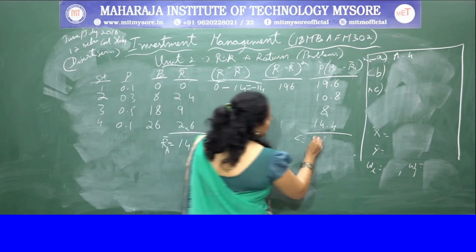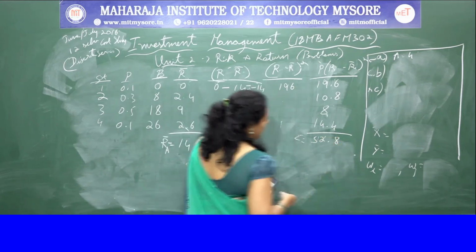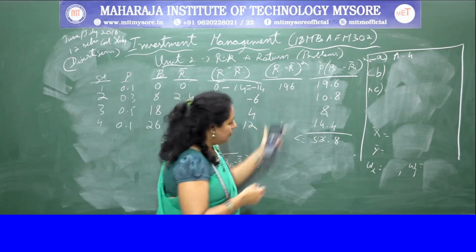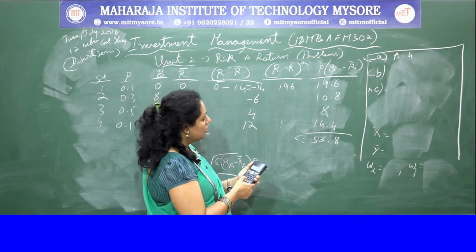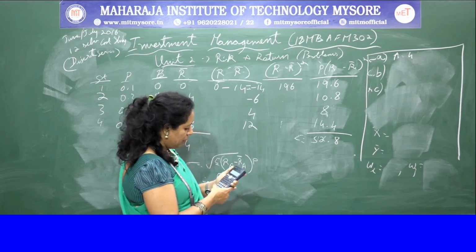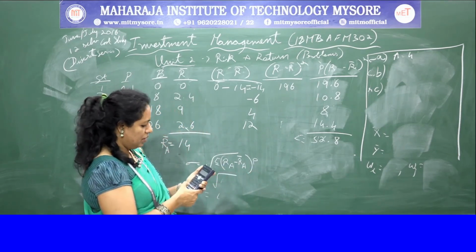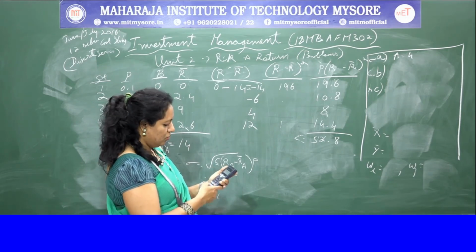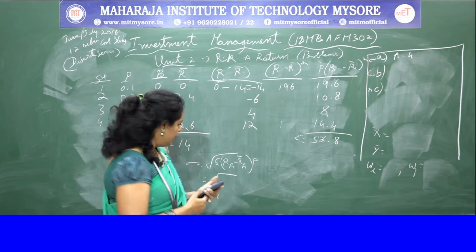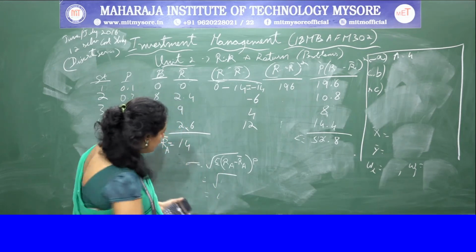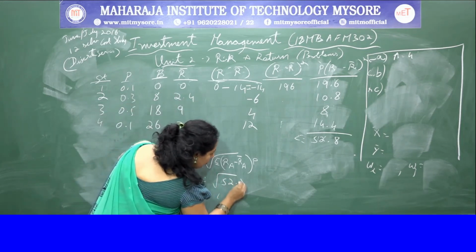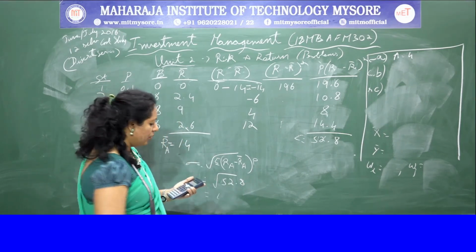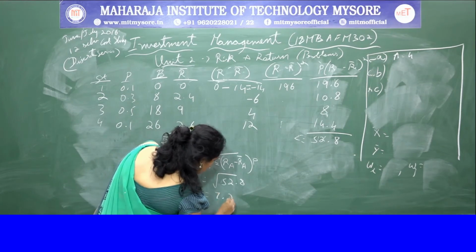Okay, so your answer comes to 52.8. 19.6 plus 10.8 plus 8 plus 14.4, yeah, 52.8. So same thing will substitute here. Root of the answer, it is 7.27.